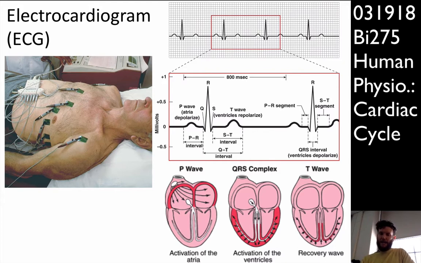So analyzing the spacing between the PR interval and the ST interval and the QT interval and the QRS interval and the PR segment and the ST segment, all of these different minutiae of the timing and spacing and the relative ratios of these various time intervals are diagnostic markers, which you can learn about in your cardiology residency.